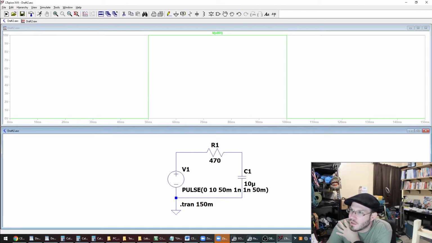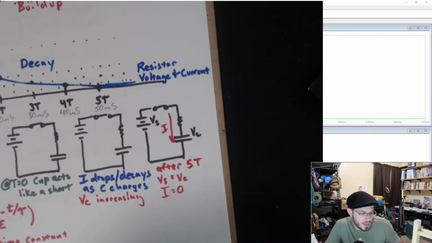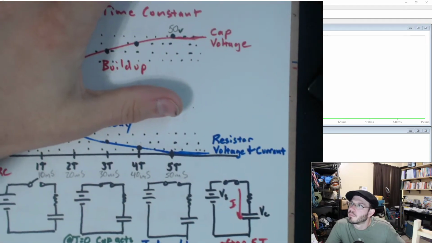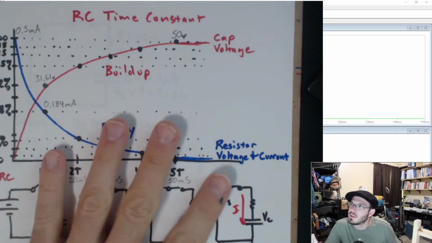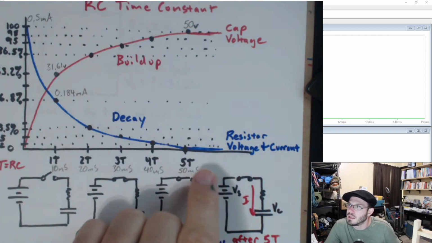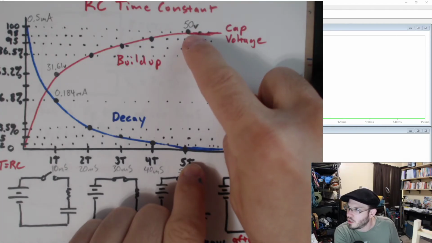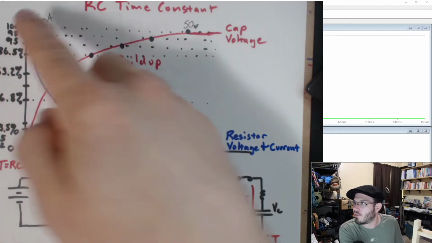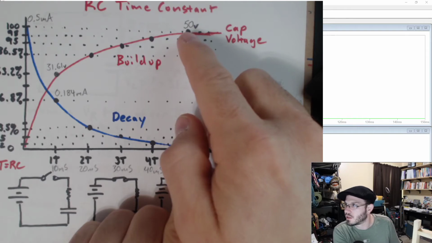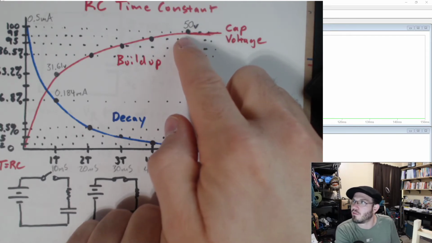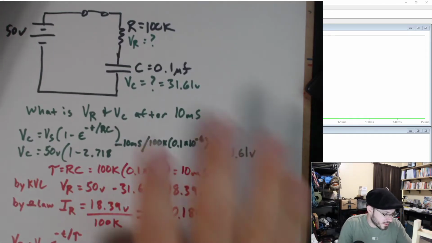Well, let me go back to my whiteboard here, and let's look at this time constant chart. It's going to take 5 time constants to reach 100% of our applied voltage. Our applied voltage is going to be 10 volts. So let me redraw this.